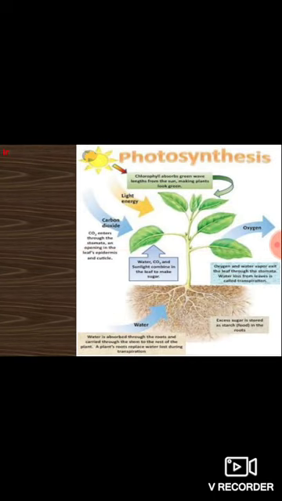Now, the process of photosynthesis. In this process, light energy from the sun is absorbed by the green substance called chlorophyll that is present in the leaves.